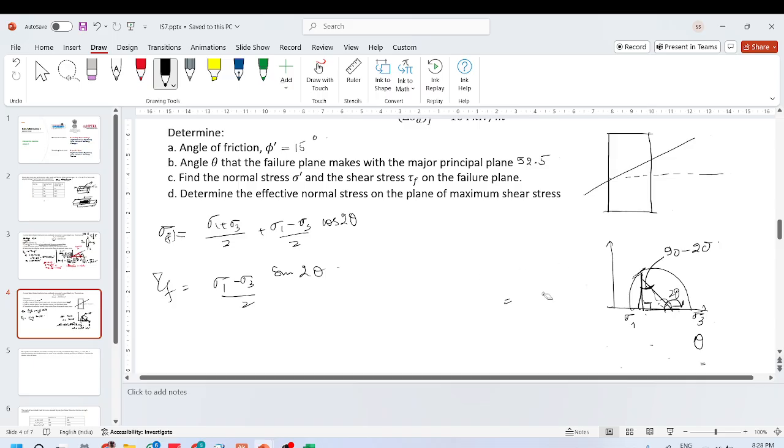This calculation. Calculating this, we will get 178.54 kilonewton per meter square. Calculating this will give us 50.23 kilonewton per meter square.